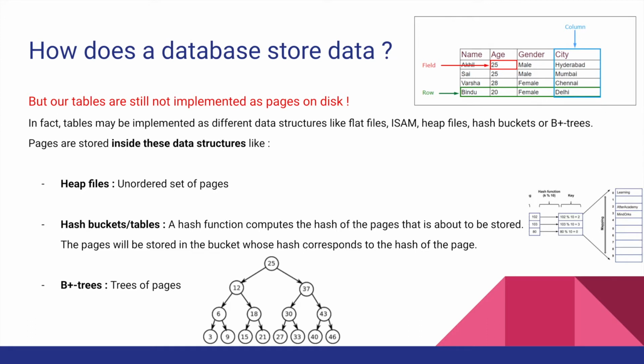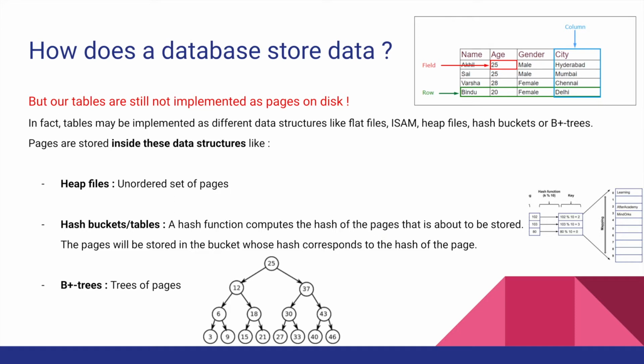So now we have pages, but that's still not how a table like this is stored on disk. The table that we know of may be implemented as different data structures, like flat files, heap files, hash buckets, or B plus trees. Actually, pages are stored inside these data structures.